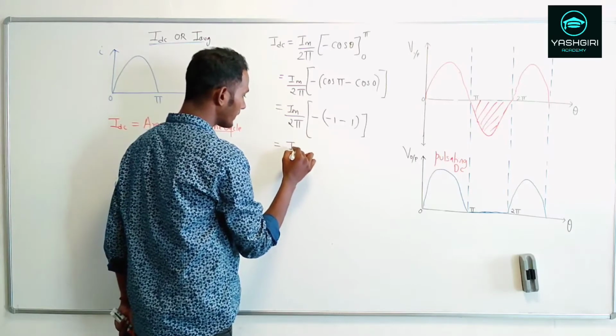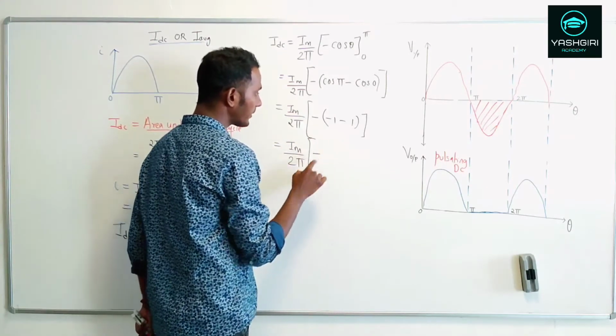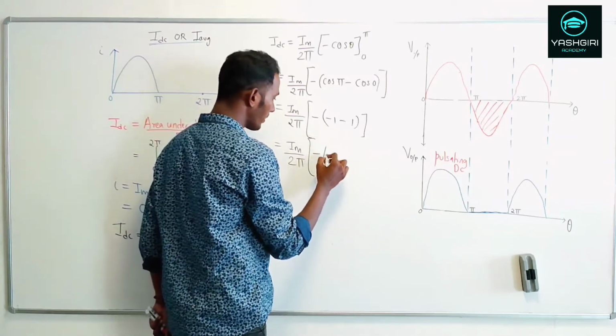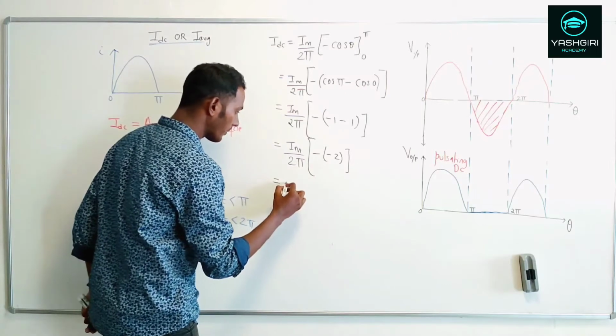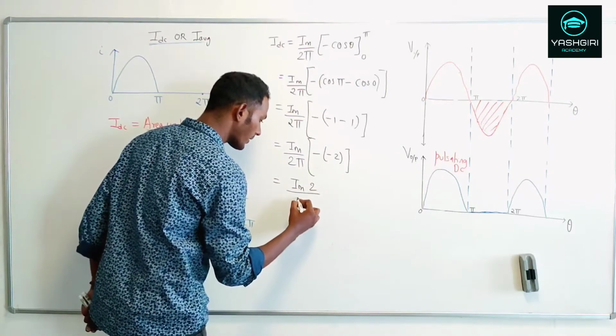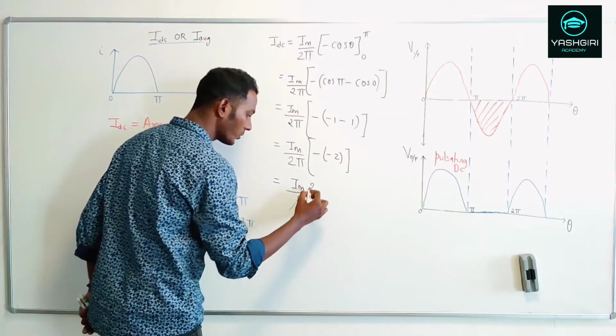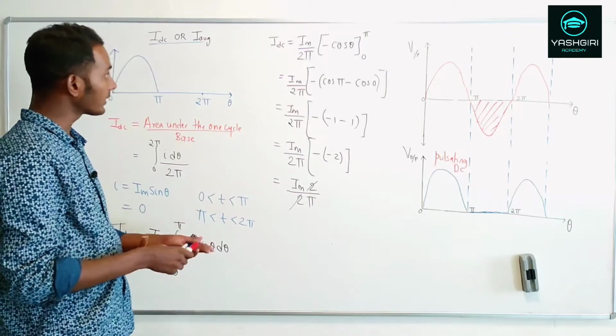So what I'll get is Im upon 2 pi, and this minus into minus 2 again gives a positive, so what I'll get is Im into positive 2 divided by 2 pi, so here 2 and 2 will get cancelled. So what final value am I getting?